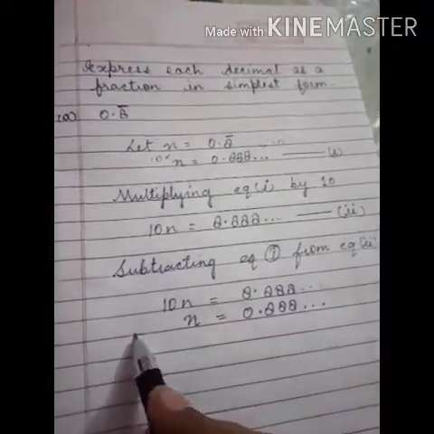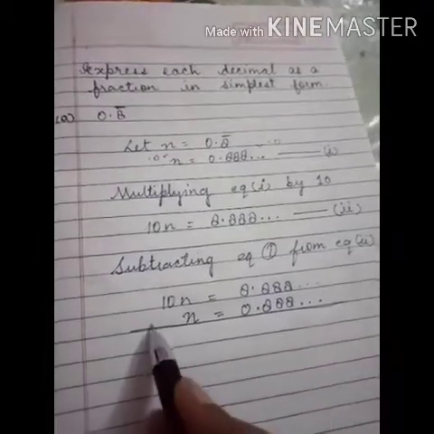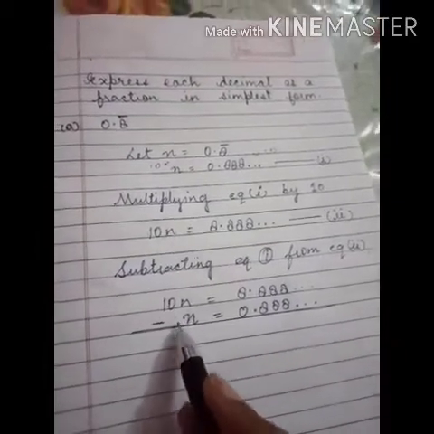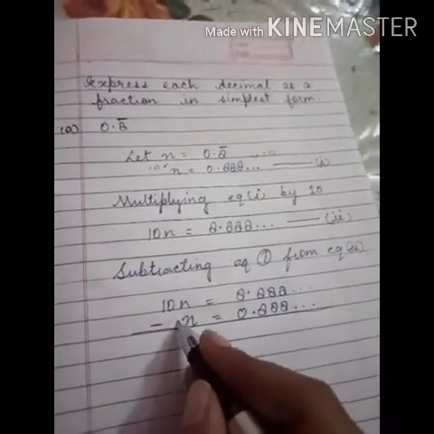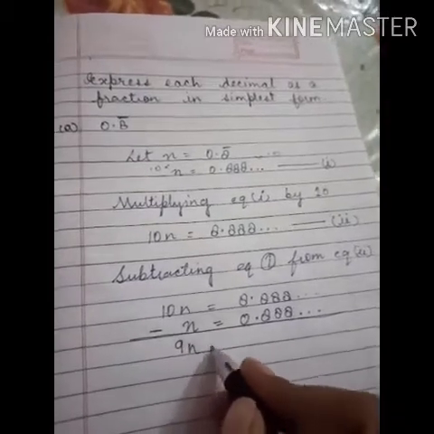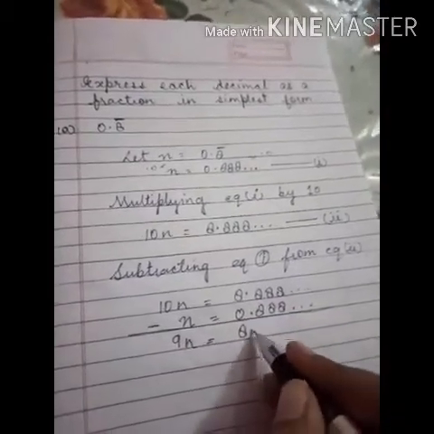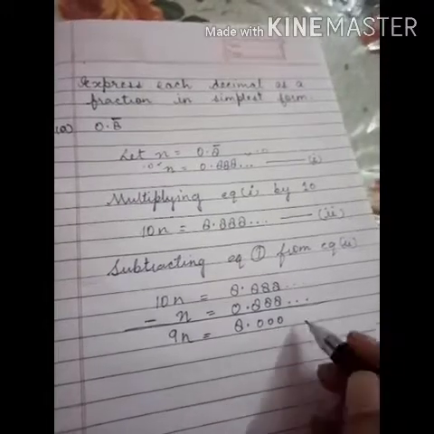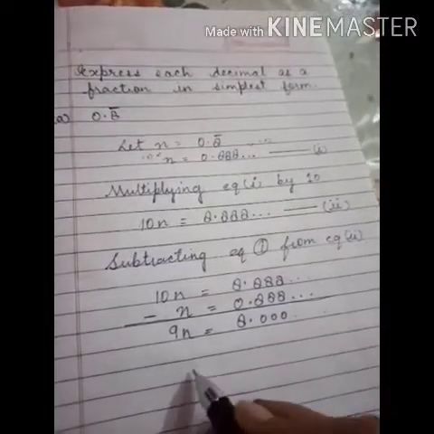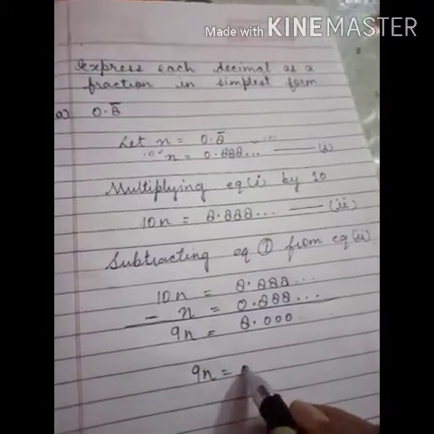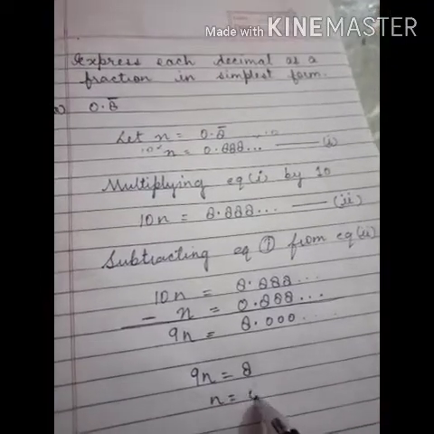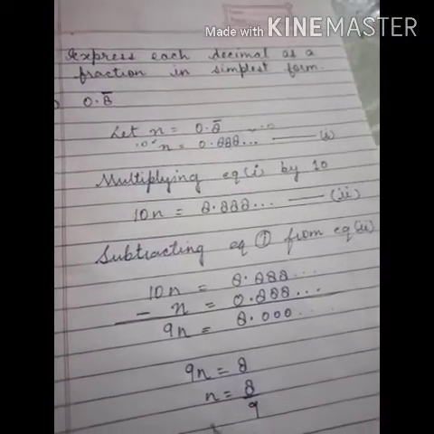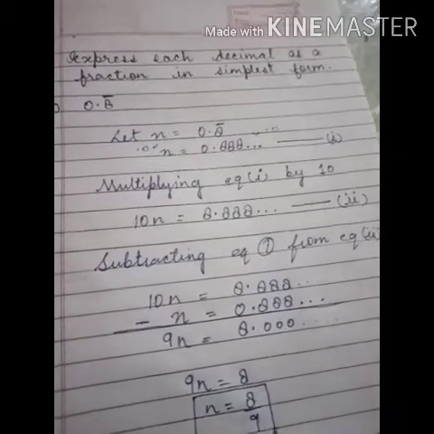Now subtract these equations. 10n minus n, we get 9n, and here we get 8 and 0 0 0, right? So 9n equals 8 and n equals 8 by 9. This is our required fraction.